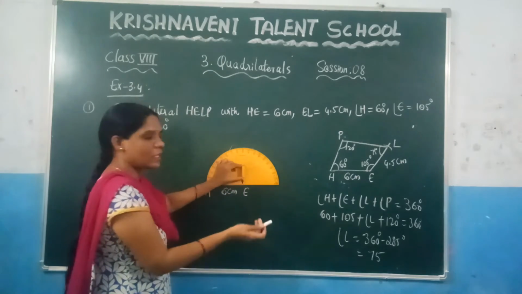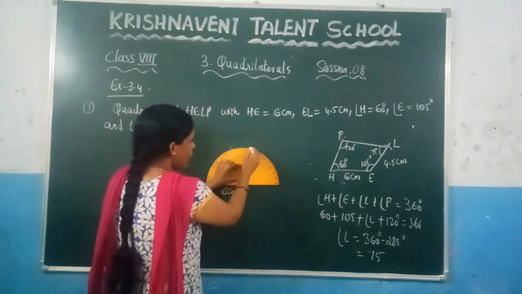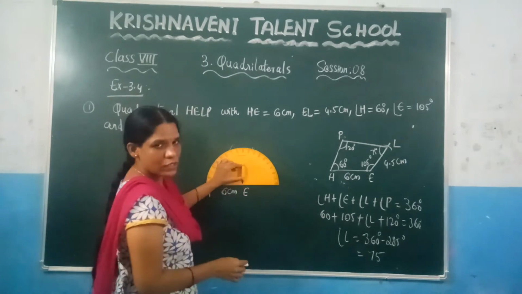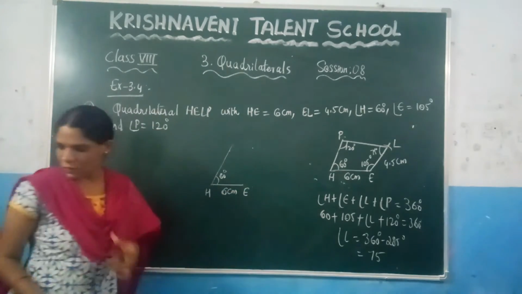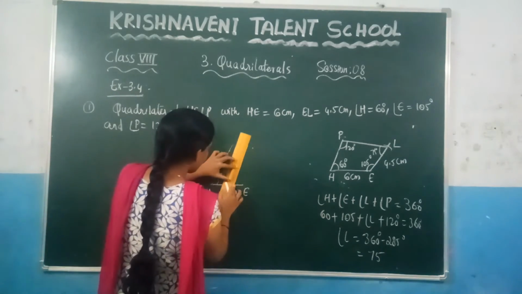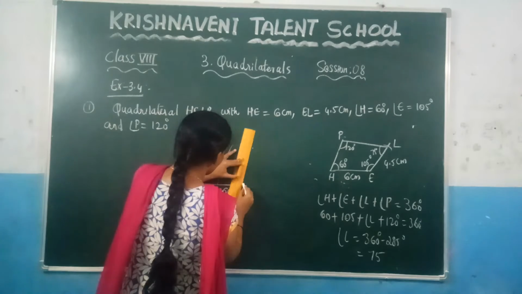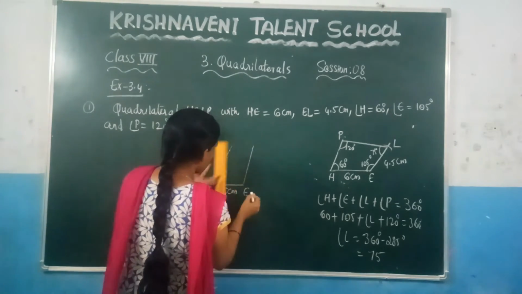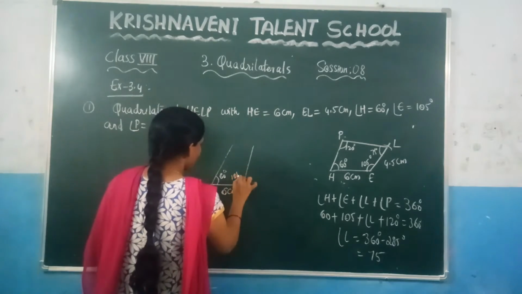After 90 you will get 100, right? This is 100 and this is 105. In between 100 and 110 we will have 105. Now here we have kept a dot so that you can join E and that point. This is nothing but 105 degrees.